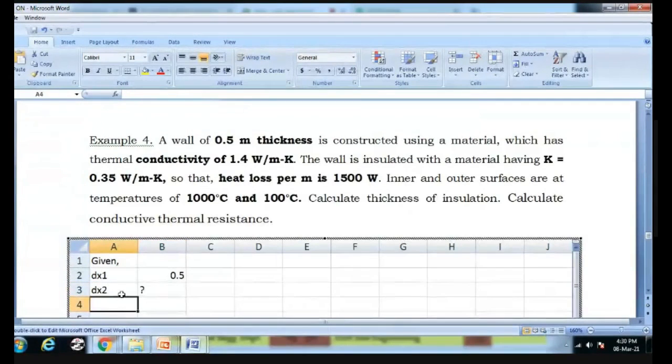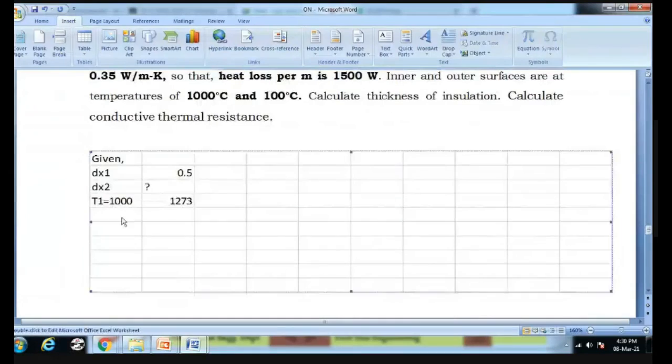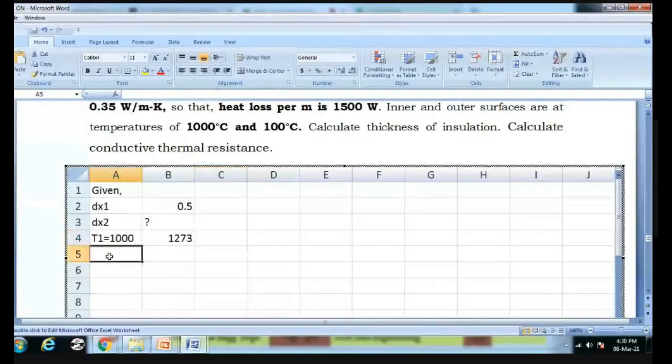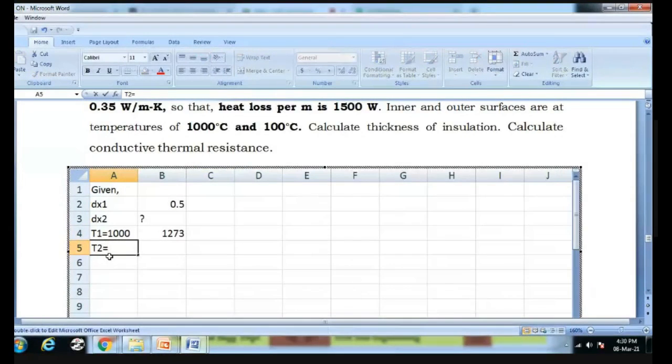Then what is T1? Temperature T1 100, it is actually 1273 Kelvin. Correct, 1270 Kelvin. Okay. T2, 373 Kelvin. Fine, directly I'll write 373 Kelvin. Okay, what else is given?